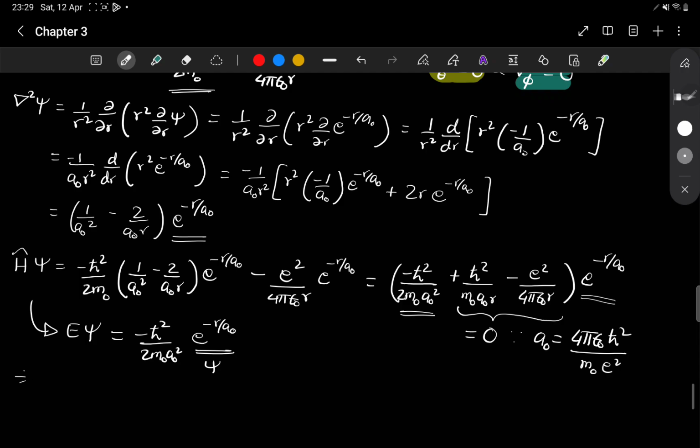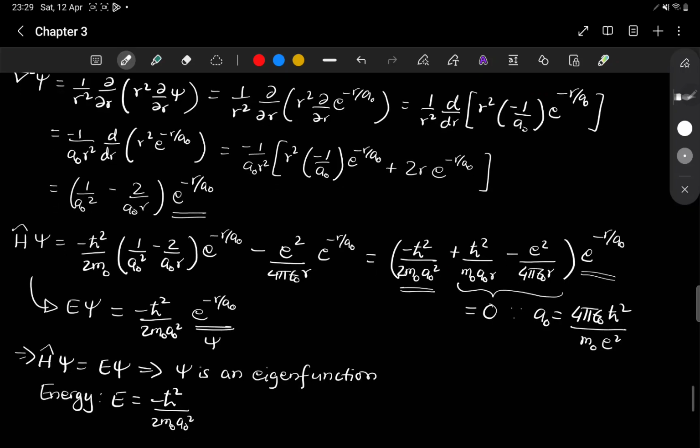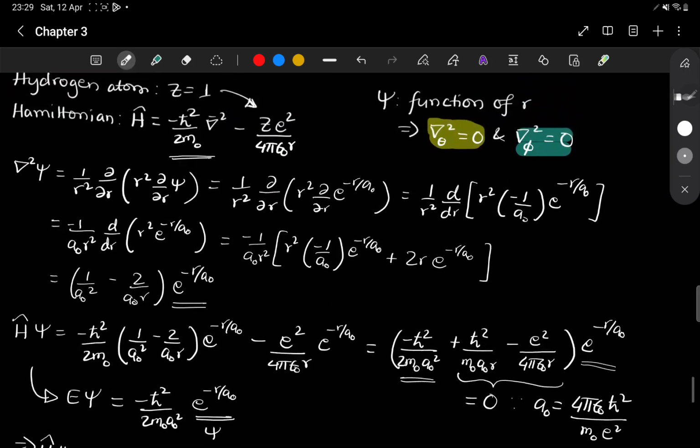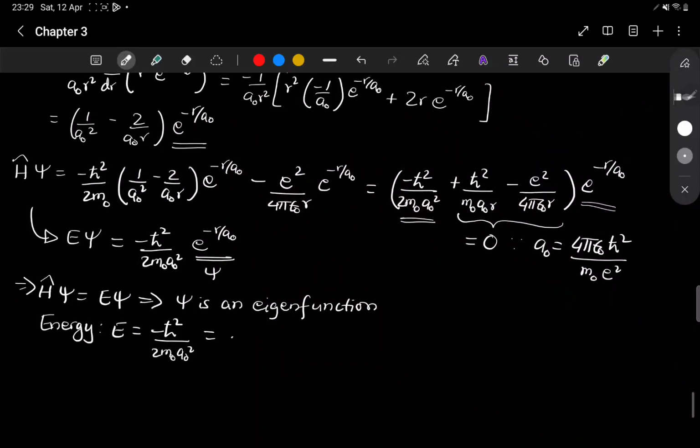So what we see is that H psi equals E psi, which implies that psi is an eigenfunction of the Hamiltonian with the eigenvalue E. The eigenvalue E is nothing but the energy. This is minus h cross squared over 2 m naught a naught squared, the term which survived over here, and plugging in the value of a naught, the Bohr radius, from equation 3.65, we get the following.